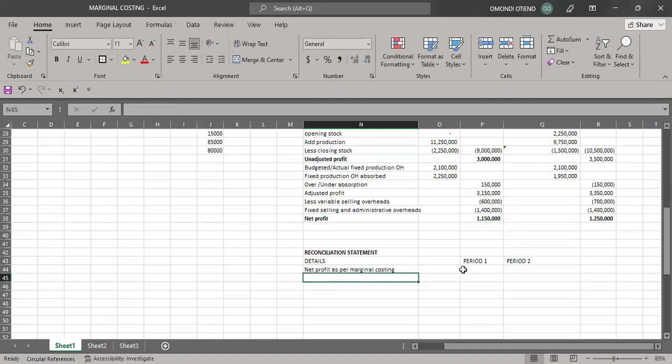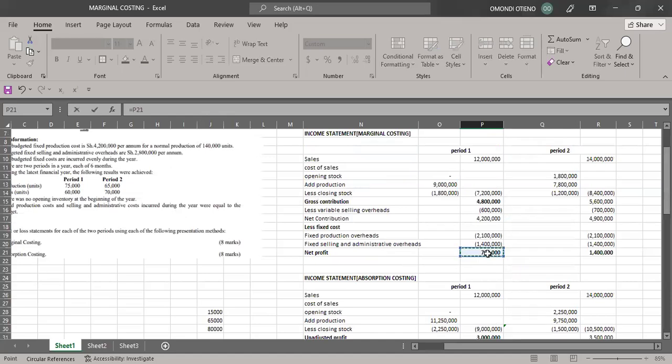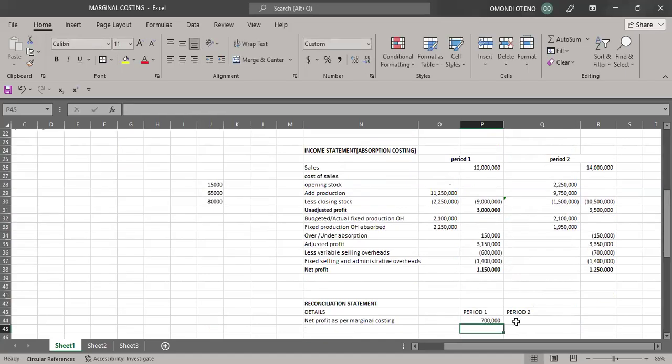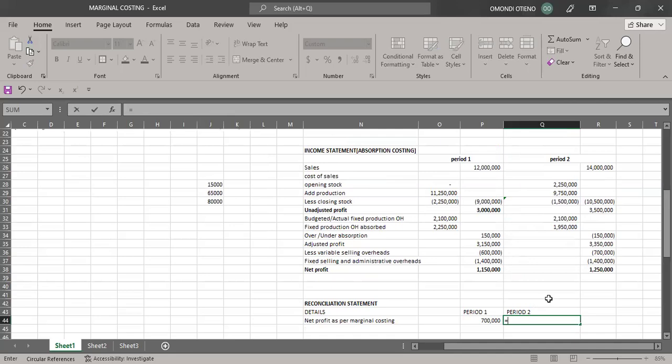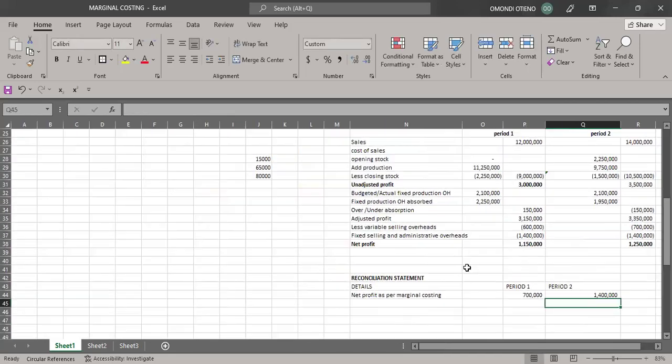Under period 1, net profit as per marginal costing is 700,000. Period 2, net profit as per marginal costing is 1,400,000. Good.